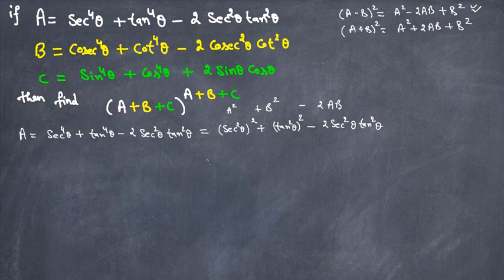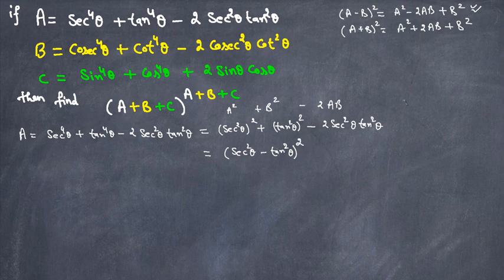So I can say these three trigonometric functions can be written as secant square theta minus tangent square theta whole square.